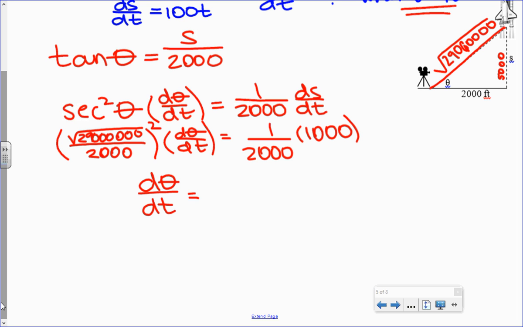Basically we have 1/2, and then we're going to divide over that big ugly fraction of secant squared. You should be getting 0.069.